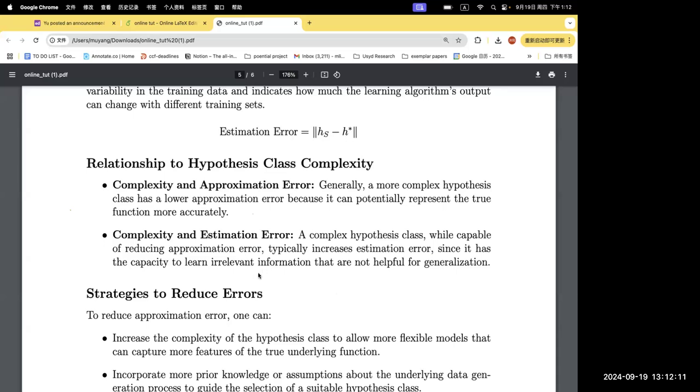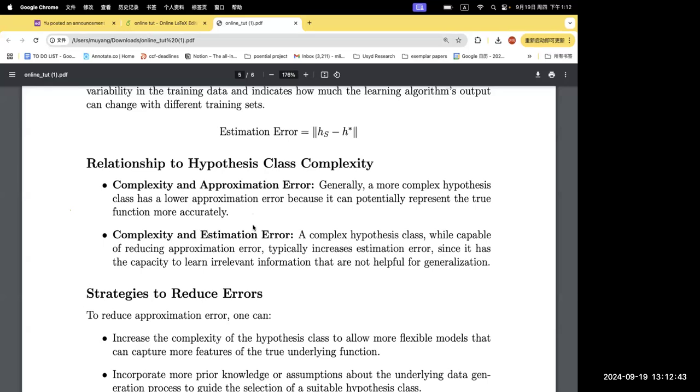For instance, it could be the noise on the features or the noise on the labels, but in summary, that information will not help you in generalization, right? So if you fit this sort of irrelevant information, it will be overfitting, and that is usually bad for generalization. That is the reason why increasing the complexity of the hypothesis class will hurt the estimation error.